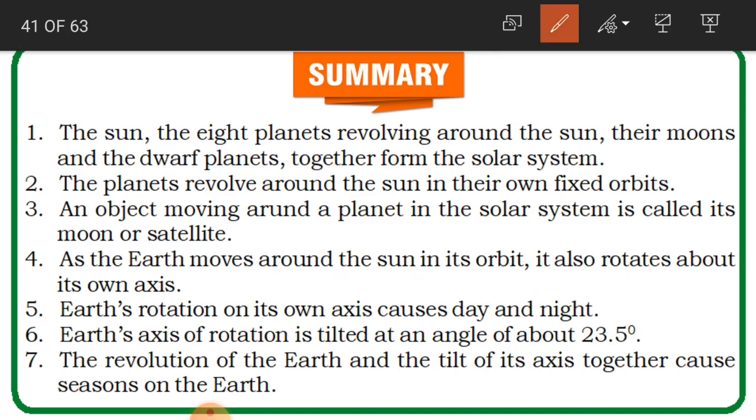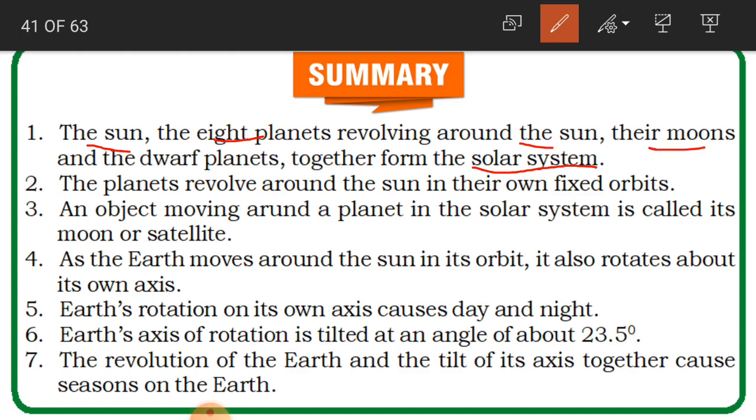Now let us give a quick summary of our lesson, what all we have learned. The sun, the 8 planets revolving around the sun, their moons and the dwarf planets together form the solar system. So what is the solar system, children? The sun and the 8 planets revolving around the sun, and their moons.